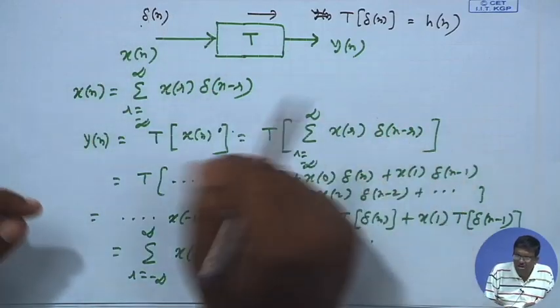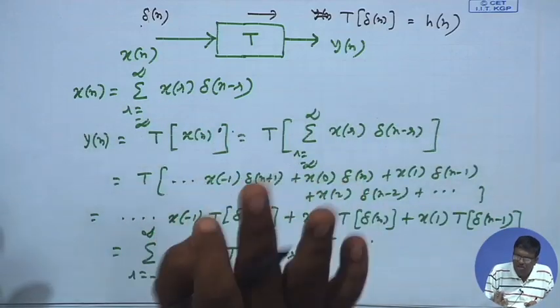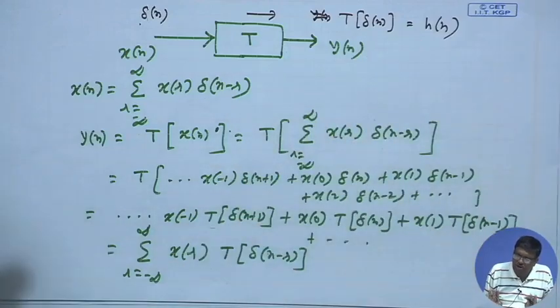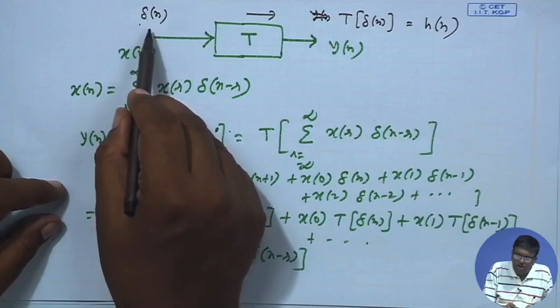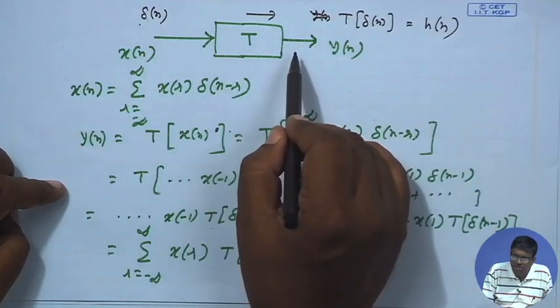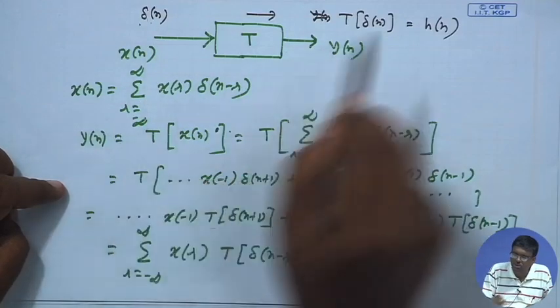So we call it that by mistake, but the mistake is accepted as impulse response. If I say impulse response, you should understand that I mean unit sample response, that is, you give delta n as input, and the output you record is h n.